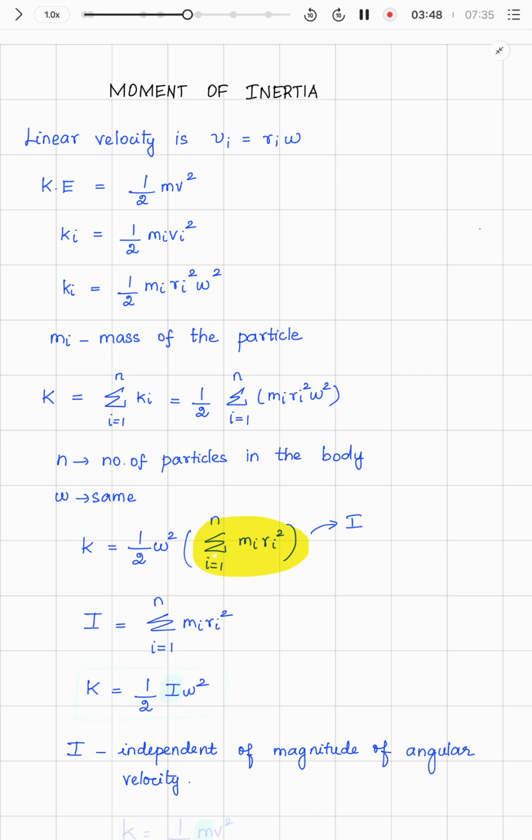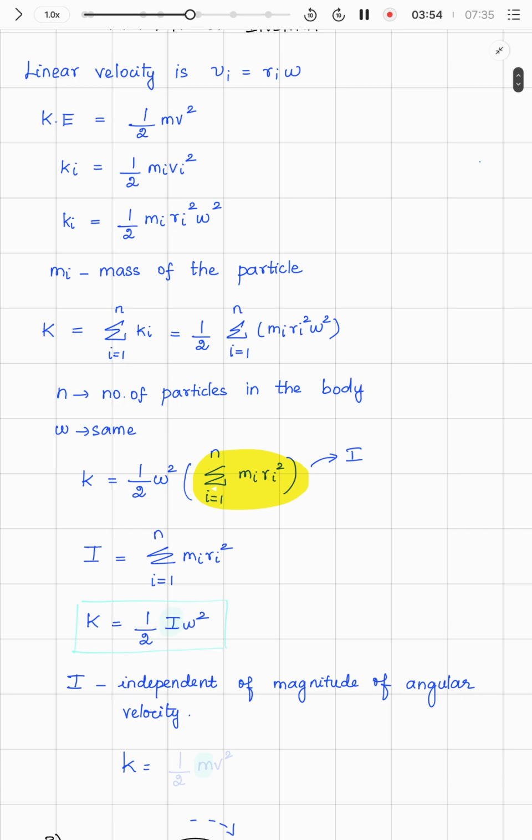If we compare this equation with the kinetic energy K is equal to half mv square, we can find that the moment of inertia I plays a similar role as mass m does in linear motion.